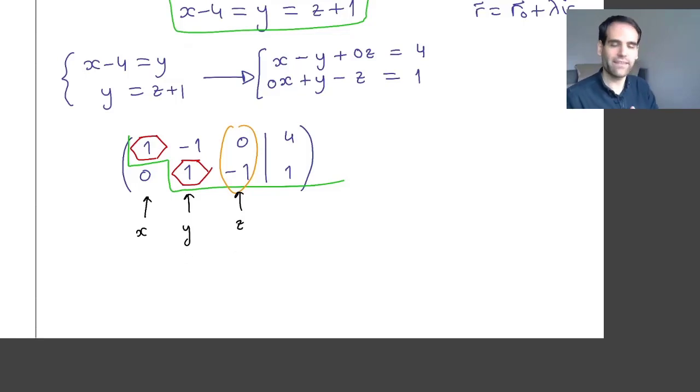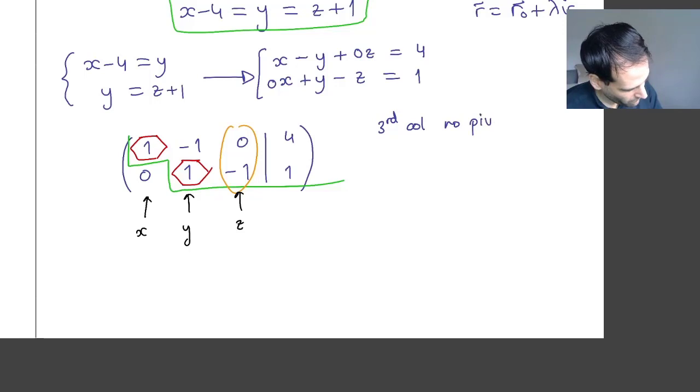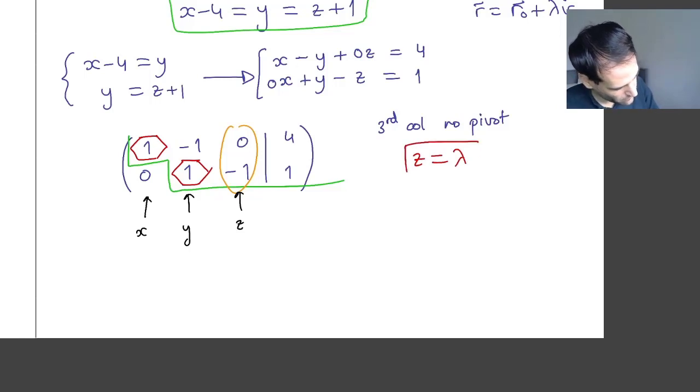We can use x, y, and z. So the third column doesn't have a pivot, and therefore z is a free variable. So z equals lambda. And now we can solve the other variables by back substitution.